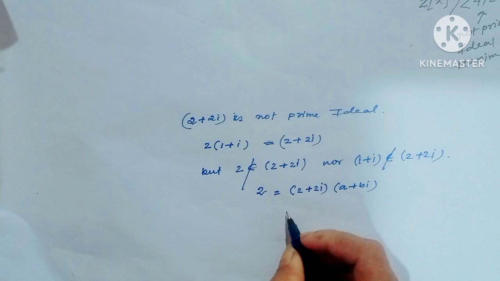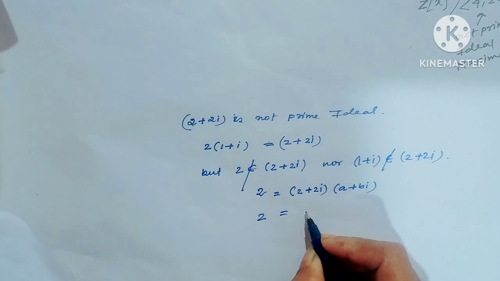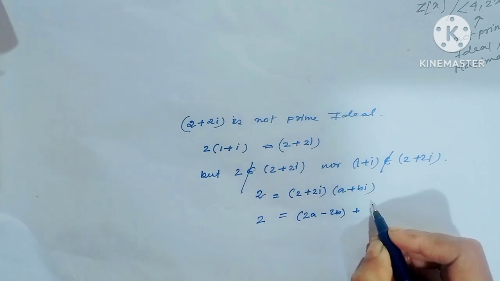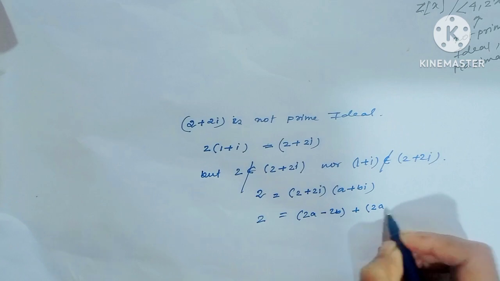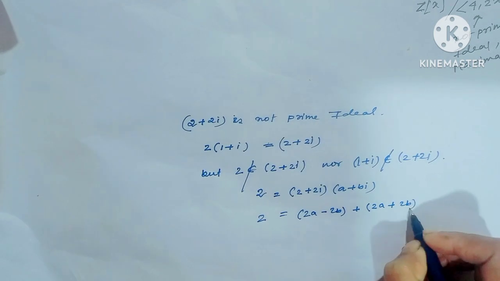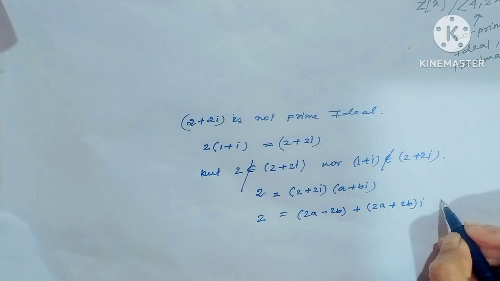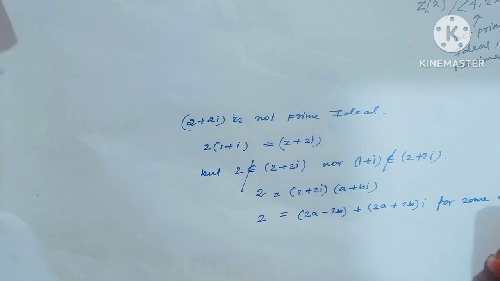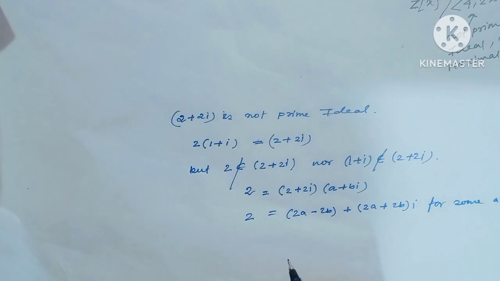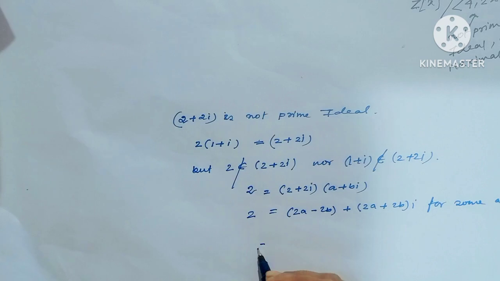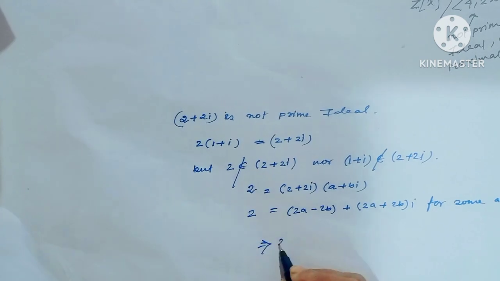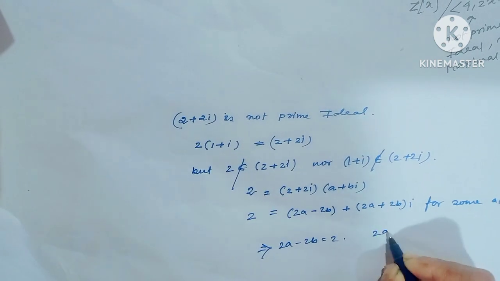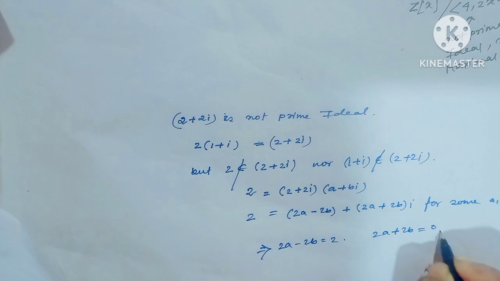Okay? That implies 2 equal to 2a minus 2b plus 2a plus 2b times i, for some a, b belongs to integers. That implies 2a minus 2b equal to 2 and 2a plus 2b equal to 0.